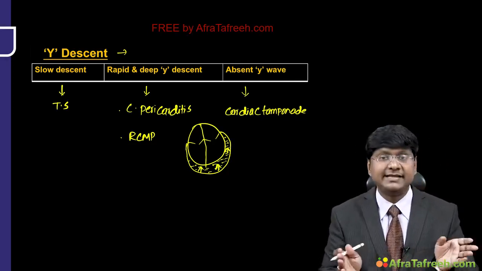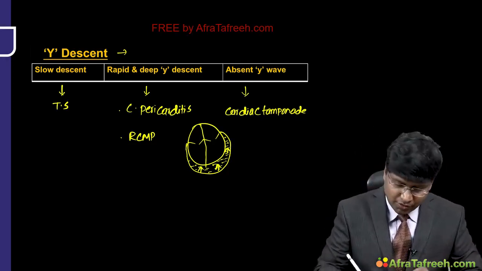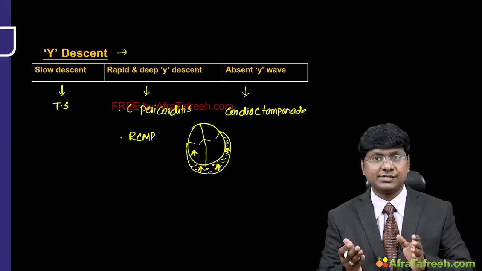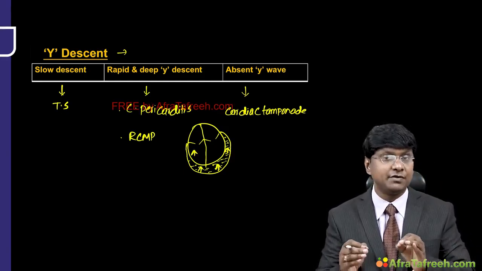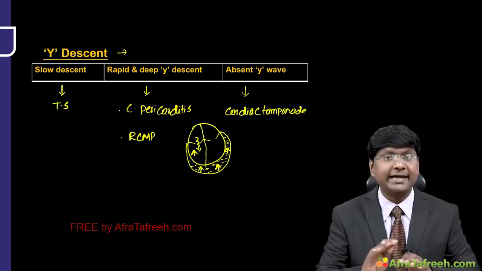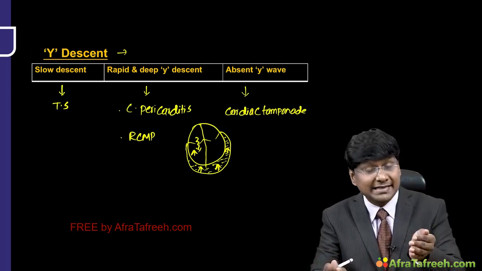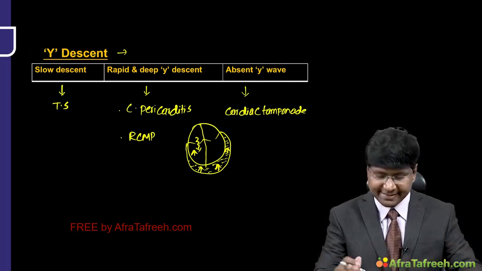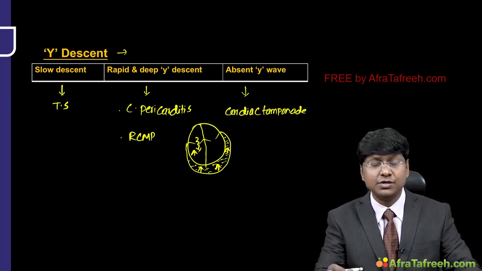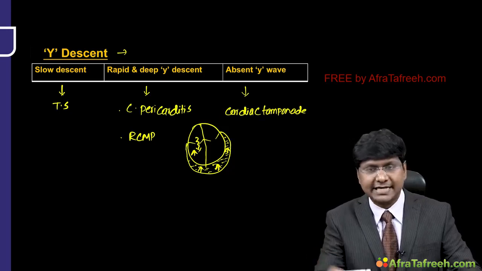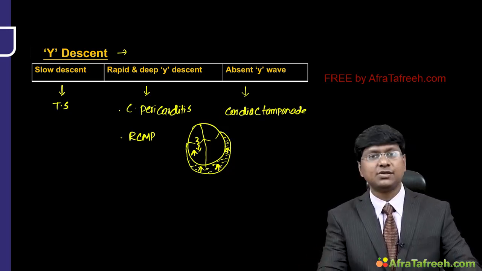The ventricles cannot relax. So the end diastolic pressure of the ventricle grossly increases. Once the end diastolic pressure of the ventricle grossly increases, the atria cannot empty. Once the atria cannot empty the blood, you don't have the Y wave. That is what happens in cardiac tamponade. So there is diastolic collapse of the ventricles in cardiac tamponade. So that is the reason why you don't have this Y wave.